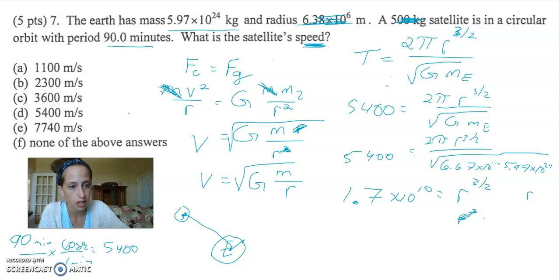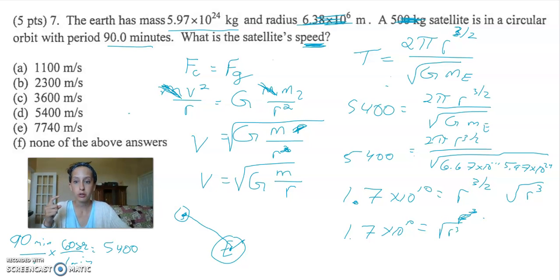We're going to keep that in here because that's a whole number, that's on top. R to the 1/2 means square root of r. So we stick the little 2 over here. So square root of r cubed. So 1.7 times 10 to the 10th equals the square root of r cubed.